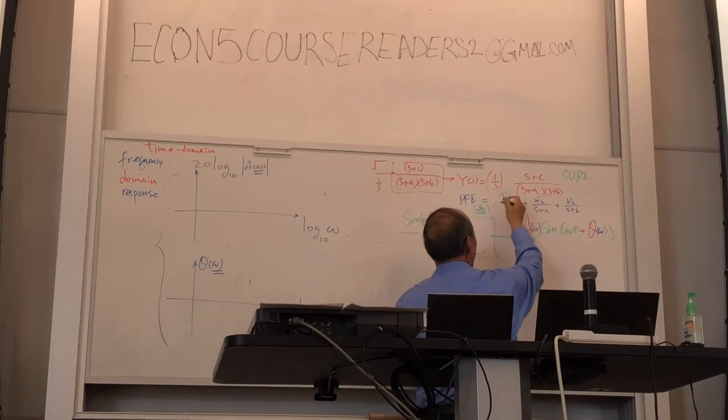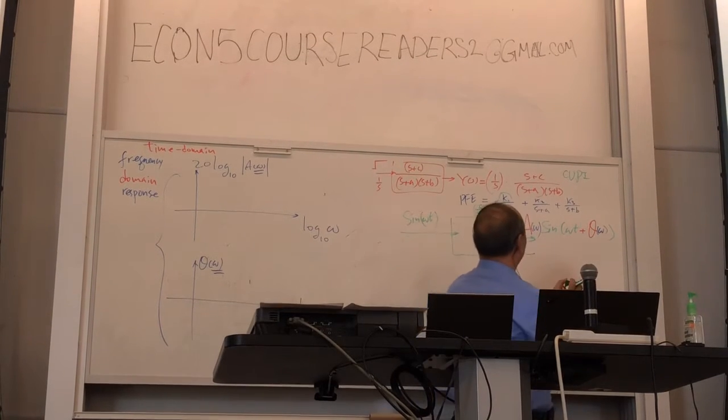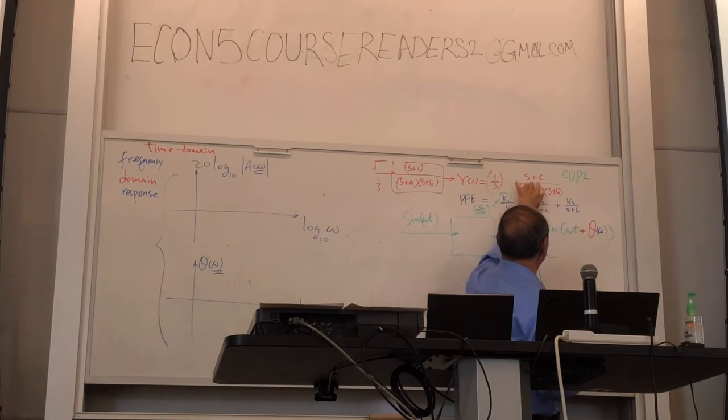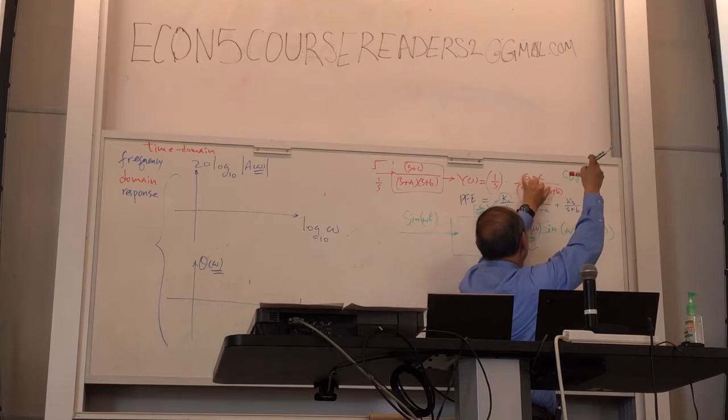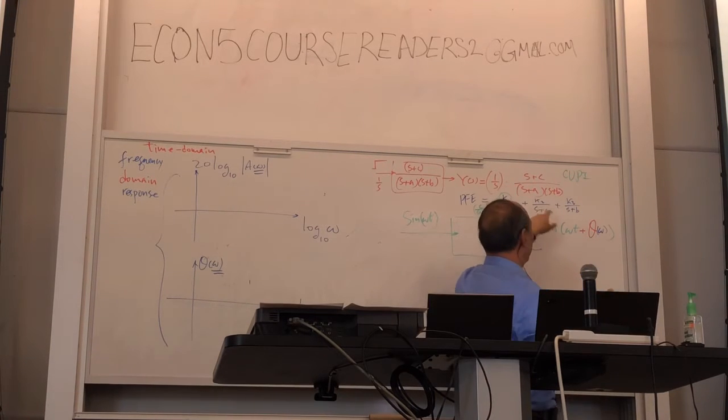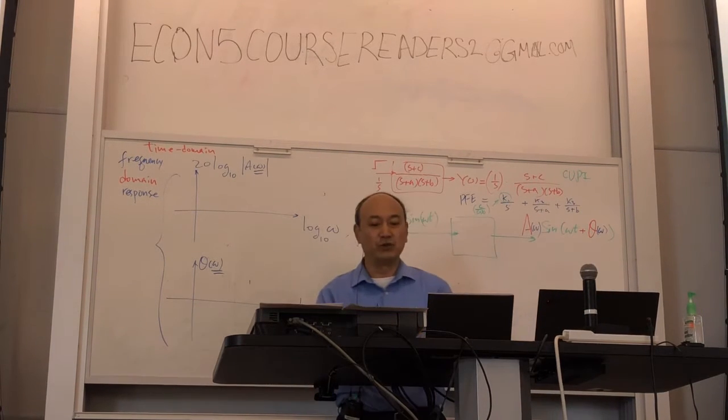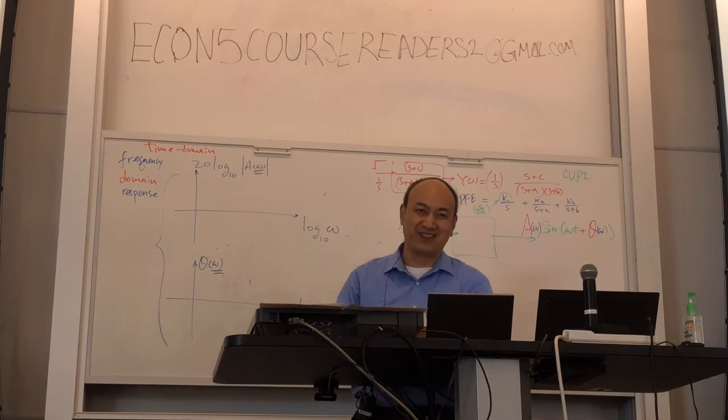Okay? And you can do the same thing for K2. If you want to get K2, you cover up S plus A, plug in minus A, and you get K2. I hope you will never forget this idea, okay?